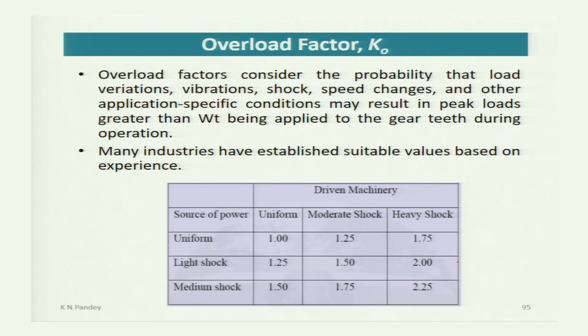That means due to these factors, the load acting on the gear tooth is more than Wt, and that is accounted for by the overload factor. So the actual load acting on the gear tooth will be equal to Wt multiplied by Ko.